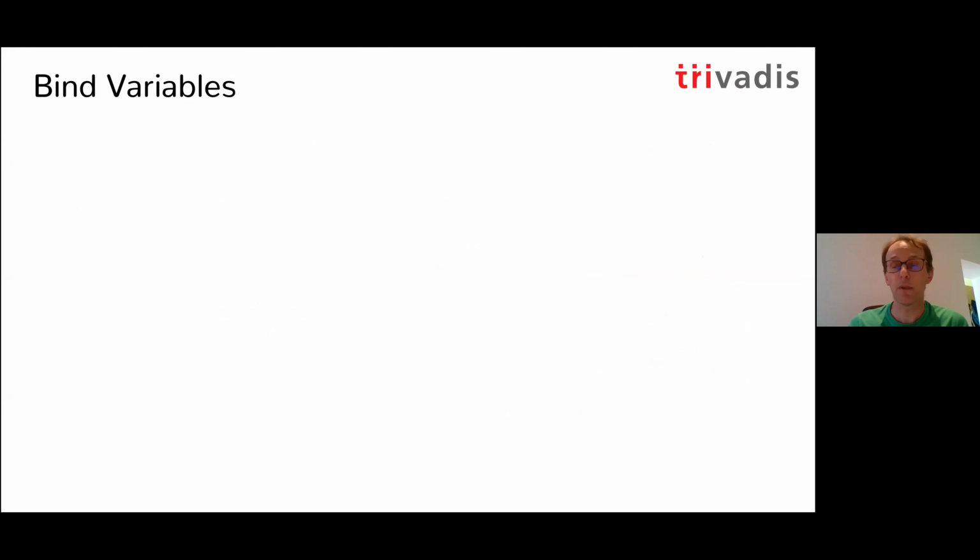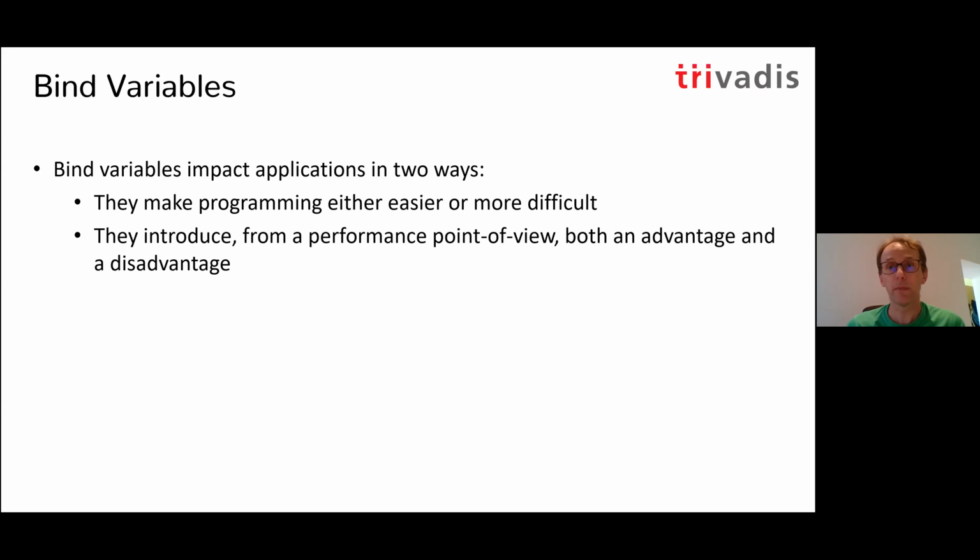As you can imagine, you can have the same query that uses one bind variable, but one application defines it as number, the other one as varchar. In such a case, the execution environment is different and cannot be shared. So bind variables have an impact not only on the way you write your code, but also a performance impact on the database engine. And the performance impact can be good or bad. It really depends on the situation.